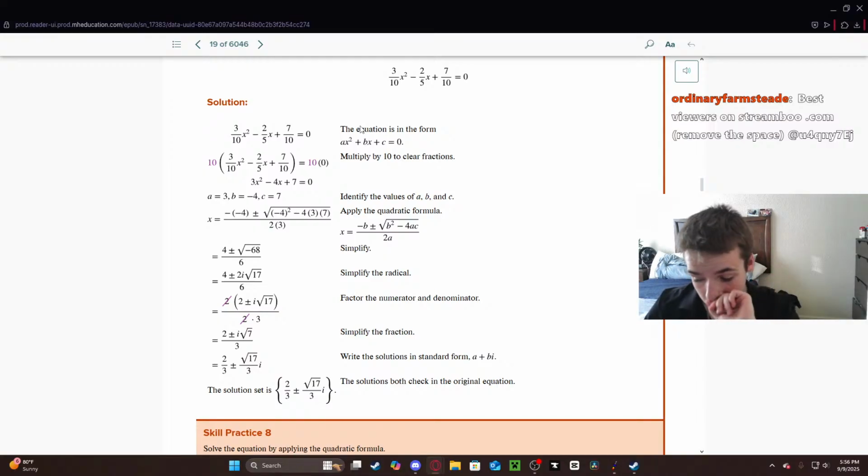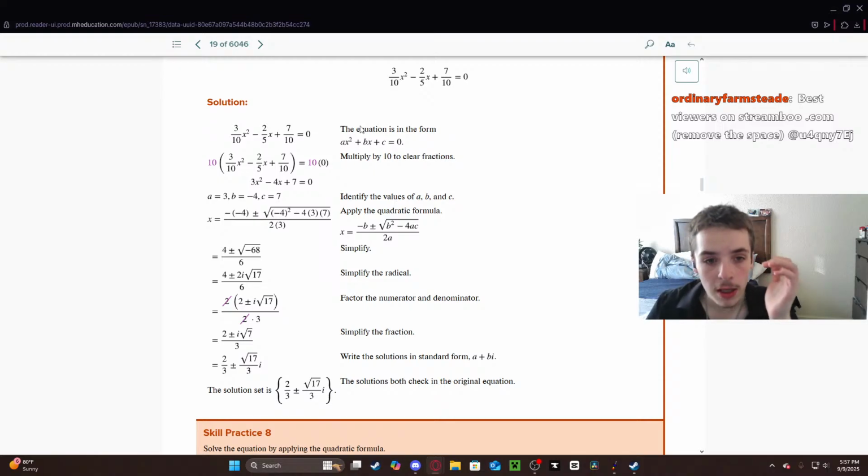So now we start simplifying that down. Oh, I'm supposed to write on the other side too. Multiply by 10. ax squared plus bx plus c. Identify the values of a, b, and c. Apply the quadratic formula. x equals negative b plus or minus square root of b squared minus 4ac over 2a.